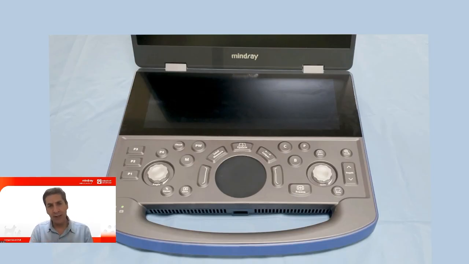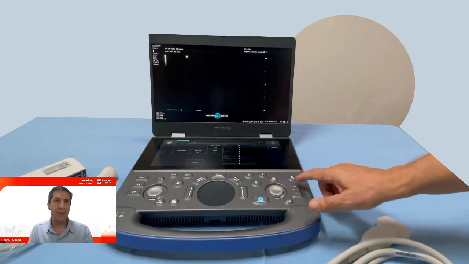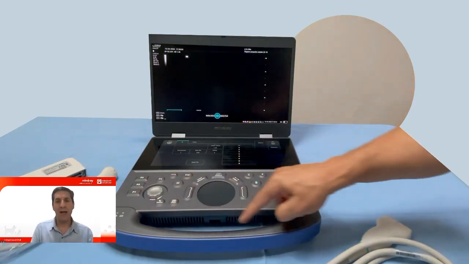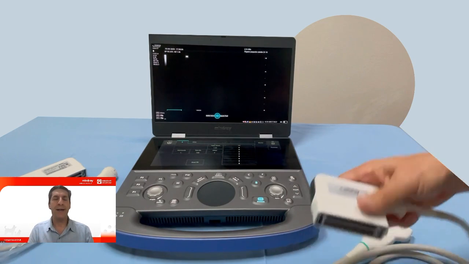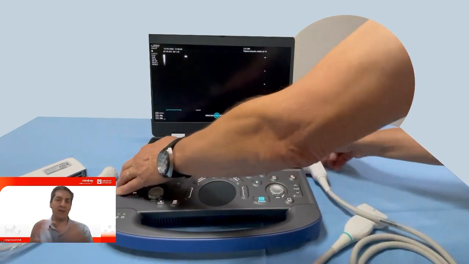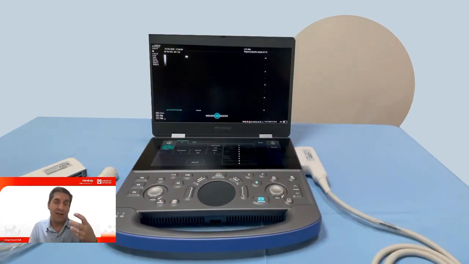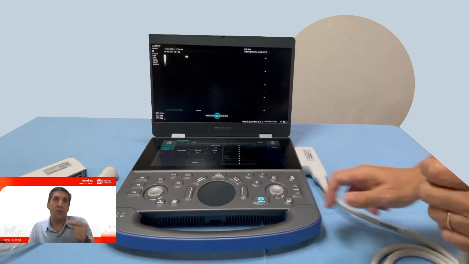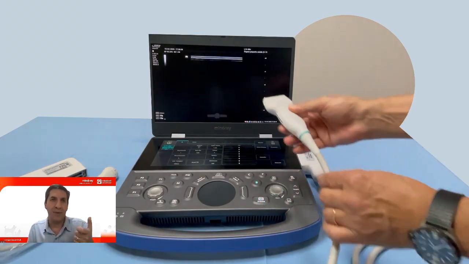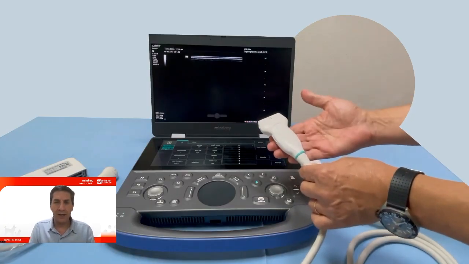And of course, a good image is the key to a nice, good procedure. Because if you don't set your ultrasound to visualize your nerve, perhaps it is not the best.